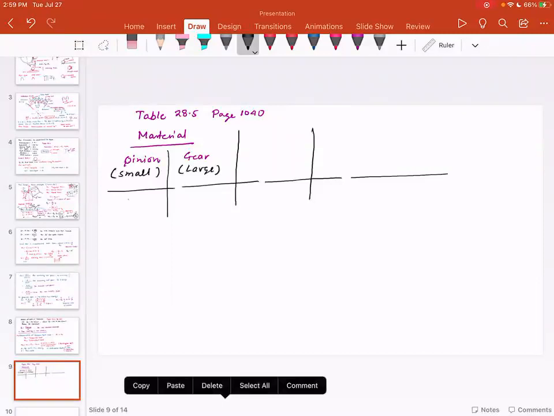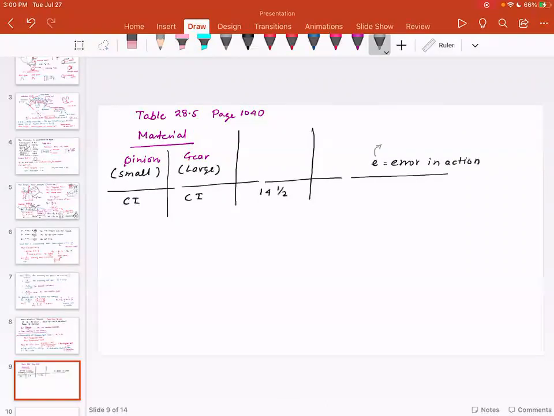If you have a cast iron pinion meshing with a cast iron gear, and your pressure angle is 14.5, then depending upon what type of error in action you have, which is called E, the error in action is nothing but the error or tolerances on the gear cutter.